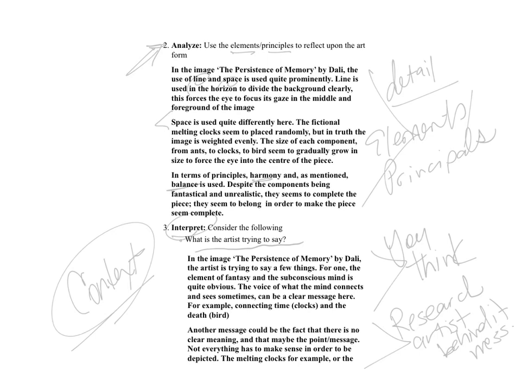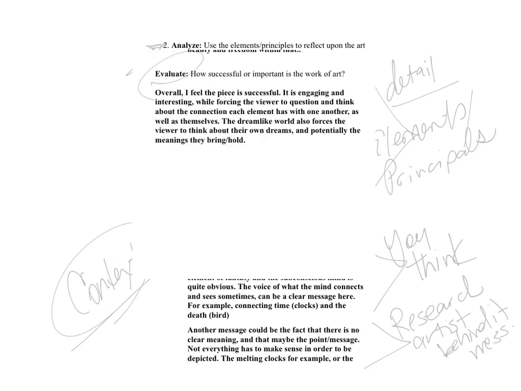And our last stage is evaluation. So this is where you have the opportunity to tell me if you think it is successful or not successful. And please understand this. You are fully allowed to say it's unsuccessful. You are allowed to say, I actually don't like this image. And that is more than fine. Your mark is not reflective of whether or not you like something or don't like something.